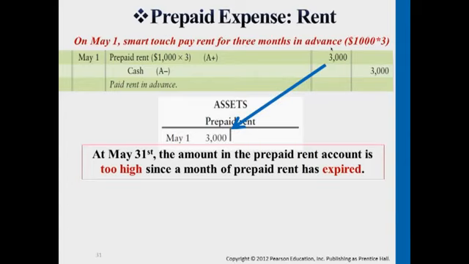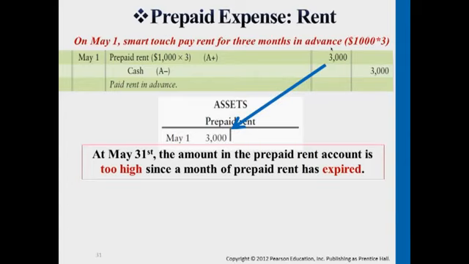Okay, so let's take a look at an example here. Now, what does this transaction tell us? So May 1st, do we have cash inflow or cash outflow? We have cash outflow for the purpose of getting benefits of using a certain location for how long?